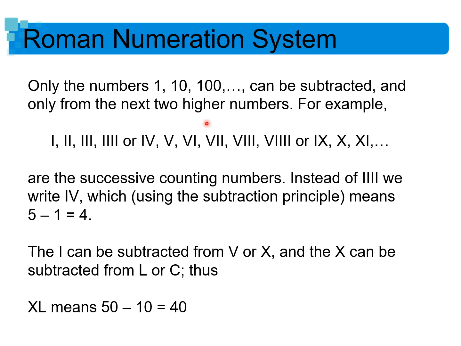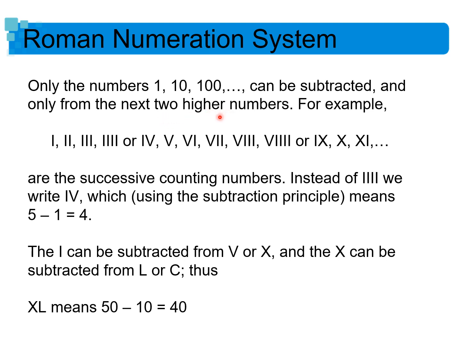So I'm going to repeat that. Only the numbers 1, 10, 100, so multiples of 10, are the only ones that can be subtracted, and they can only be subtracted from the next two higher numbers.